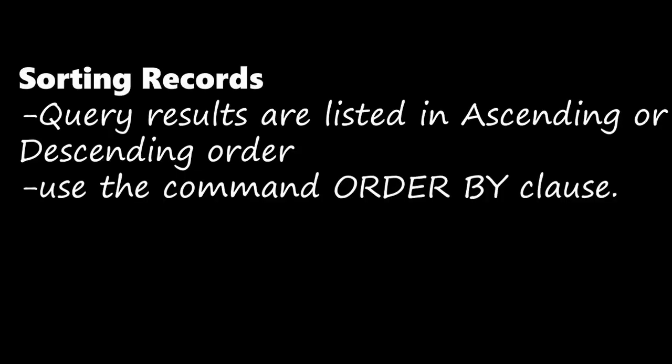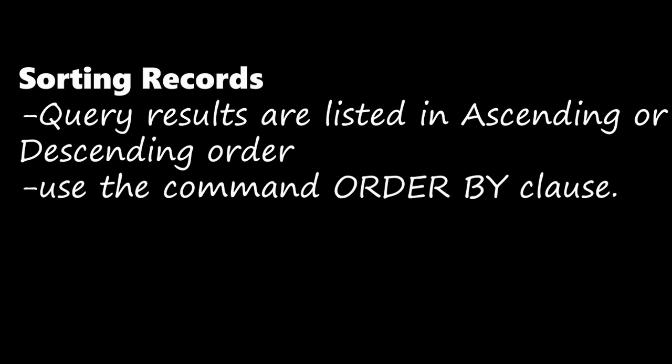Okay. The query results are listed in ascending order or descending order. Okay. Using this command order by, we can change the sorted form. Okay, in some databases we'll get the results by default in ascending order or in descending order.